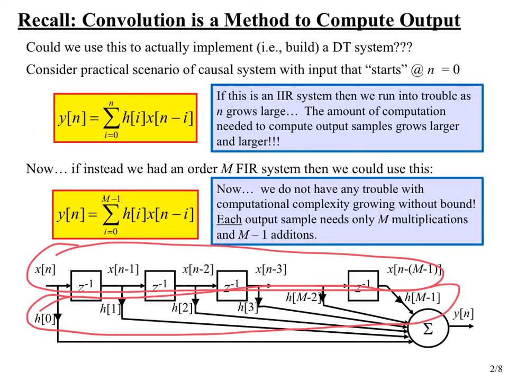So this is literally doing what we do when we do graphical convolution. I'd encourage you to go back and review graphical convolution and connect it to this simple block diagram for an FIR filter.